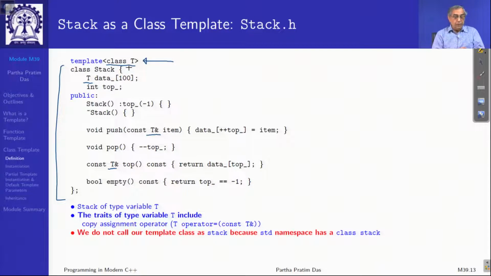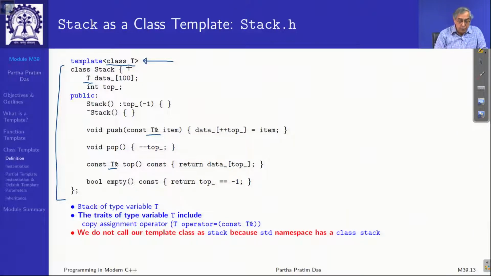Now, naturally the question is, if T is a type, then what are the properties that T should have? These are loosely called traits. Traits are a big matter of study, but we will just take it in the way that certain properties this type must satisfy to be able to use it as an instantiation type for the class template.